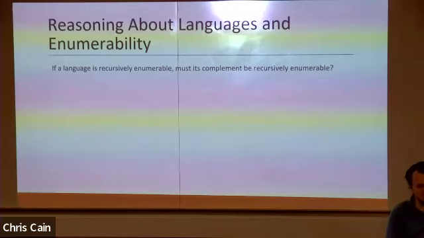So we have some language that is recursively enumerable. That means that we can say yes in a finite amount of time, but we may not be able to say no in a finite amount of time. If we were to look at every string that is not in that language, would that language have to be recursively enumerable as well? Or could that language be not recursively enumerable?